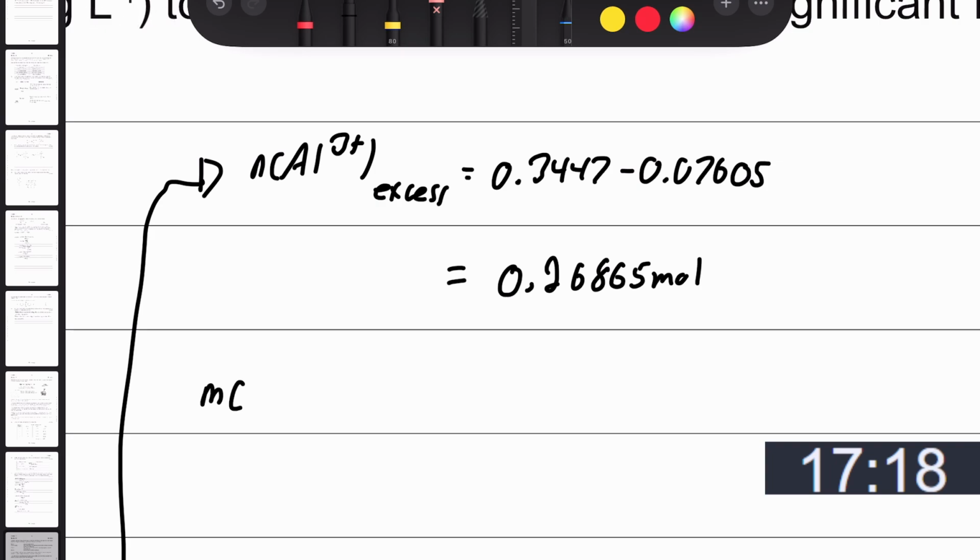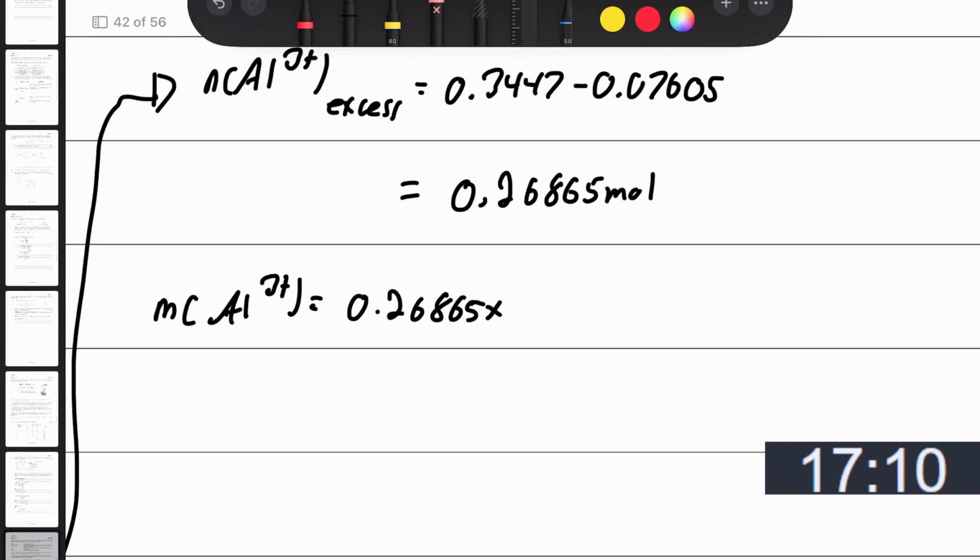So the mass of Al3 plus is going to be equal to 0.26865 times 26.98, which is 7.2482 grams.